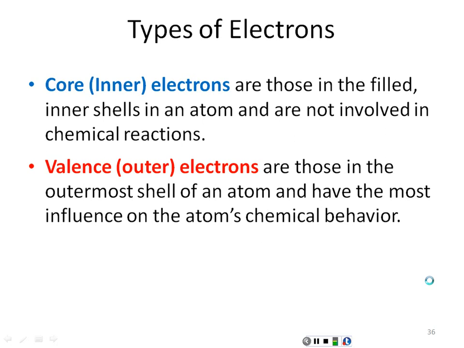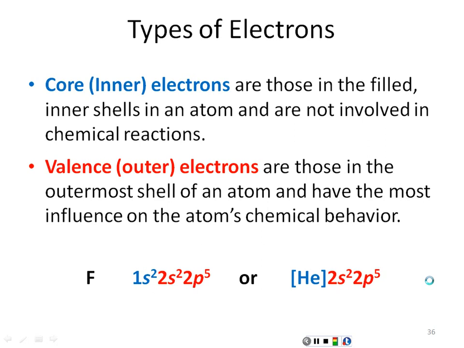And next we have the valence electrons. Those are the outer electrons, and those are what really influence an atom's chemistry. And if we use fluorine as an example, its electron configuration is 1s2, 2s2, 2p5.